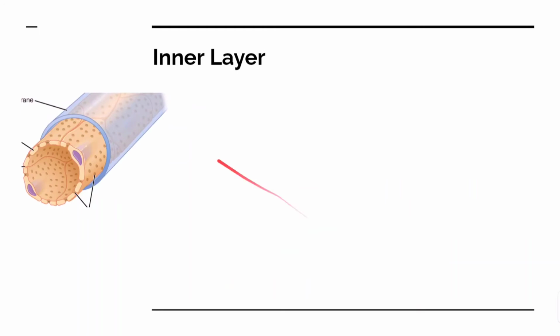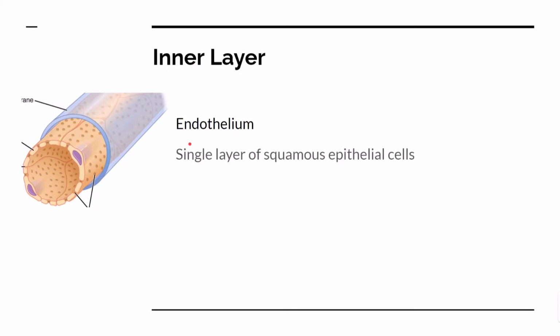Then we have the inner layer, which is the endothelium, also called the tunica intima, which is inner coat. The tunica intima, or endothelium, is a single layer of squamous epithelial cells, and this means squashed, really thin epithelial cells.